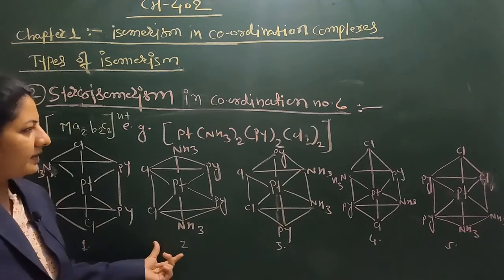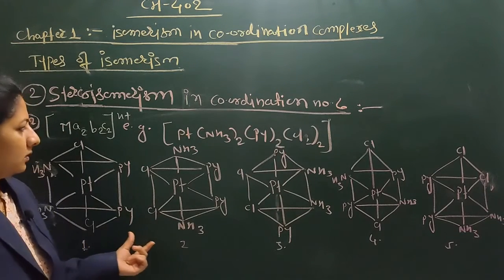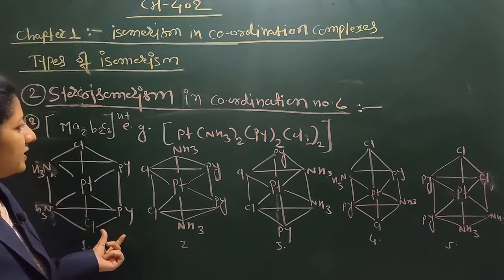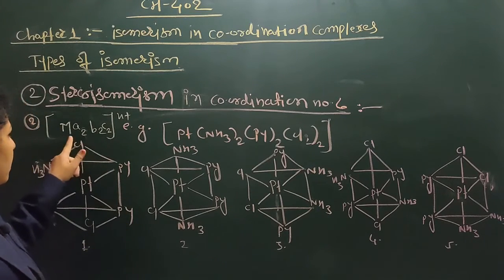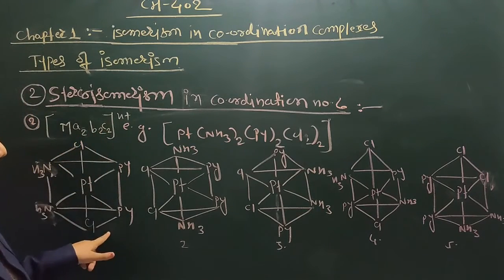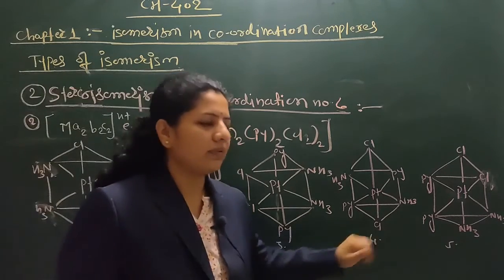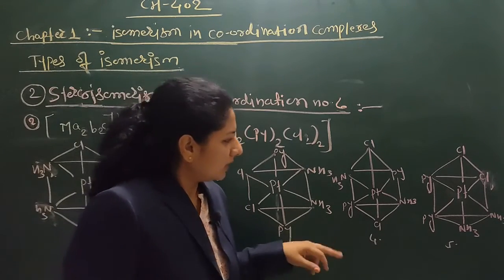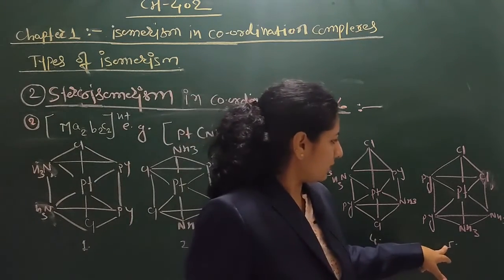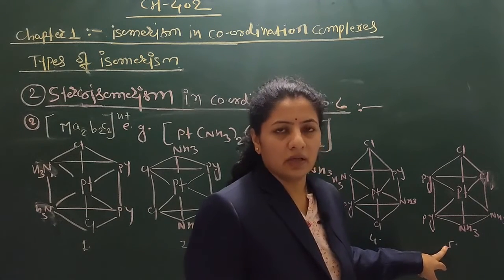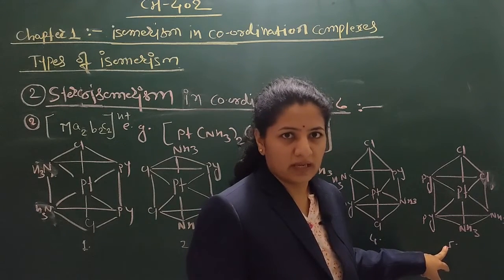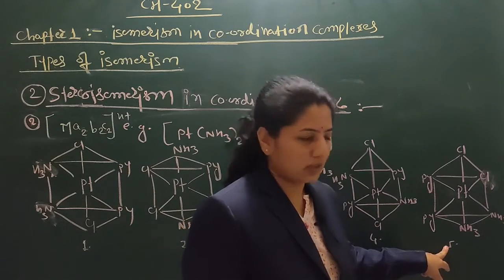So here that is the 3. So here there are 5 possible isomers for this Ma2B2C2 type. So here 1, 2, 3, 4 and 5. Among them, the number 5 isomer has optical isomerism. This shows a non-superimposable mirror image of each other.